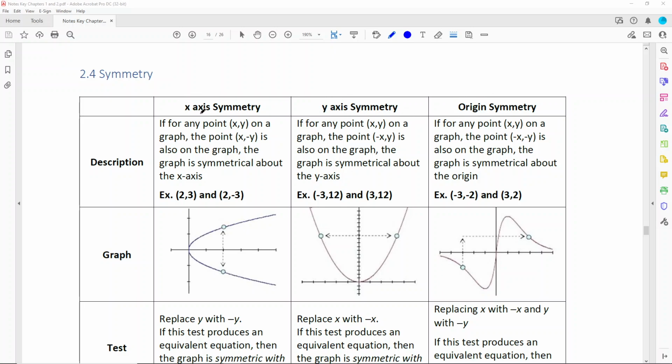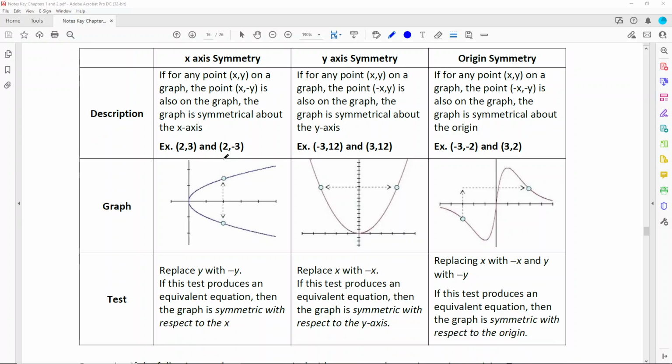So let's talk about x-axis symmetry first. x-axis symmetry is anything where there's a point above the x-axis that's also there below the x-axis, right? So they'd be symmetrical. Let's say this point is at (2, 3). You'd have a point down here at (2, -3). So it's equidistant from the x-axis at that same x point.